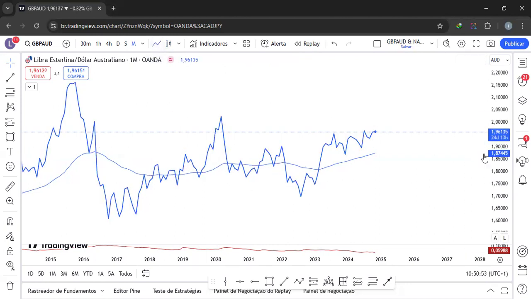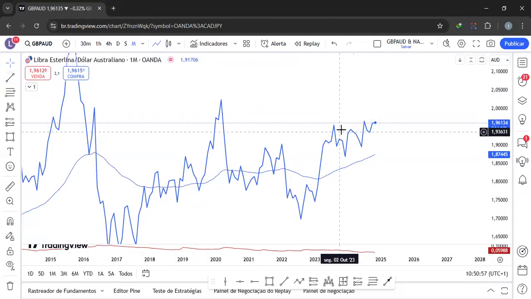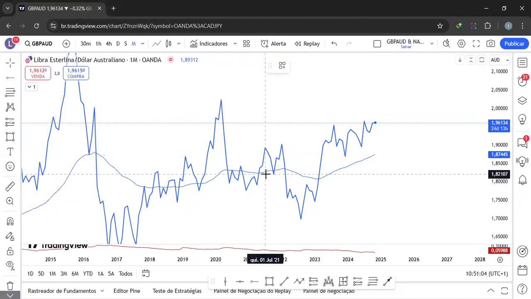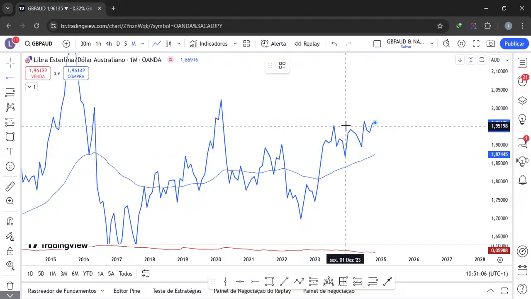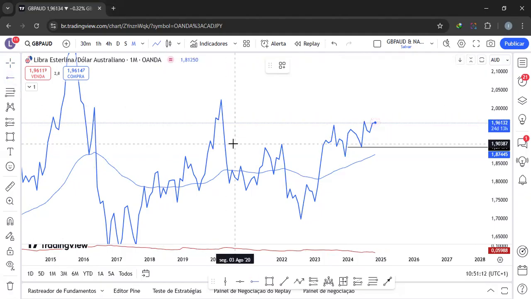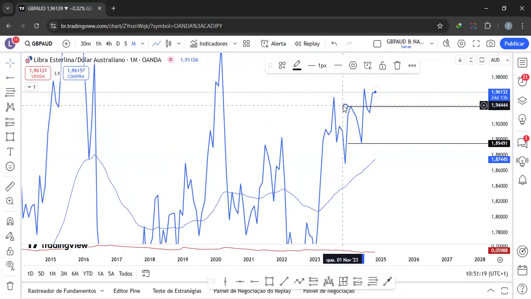If we take a look at the line chart, we can see clearly that the market is making higher highs and higher lows, showing that there is buying control. We're going to use the horizontal ray so that we can mark our higher highs and higher lows, and we're going to identify if there is a strong change from bullish to bearish.